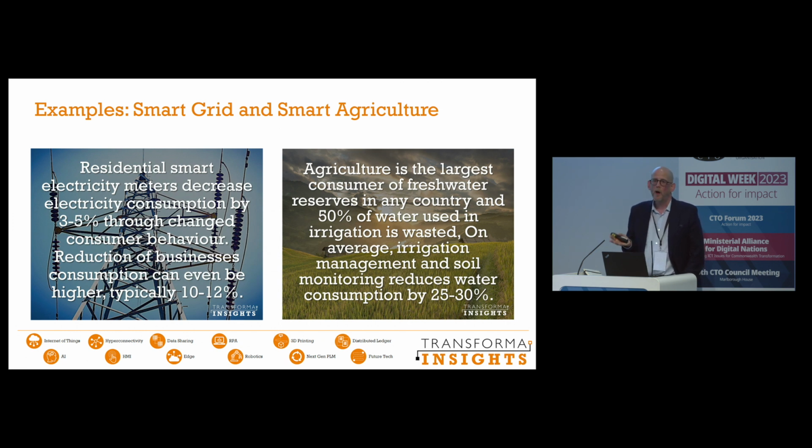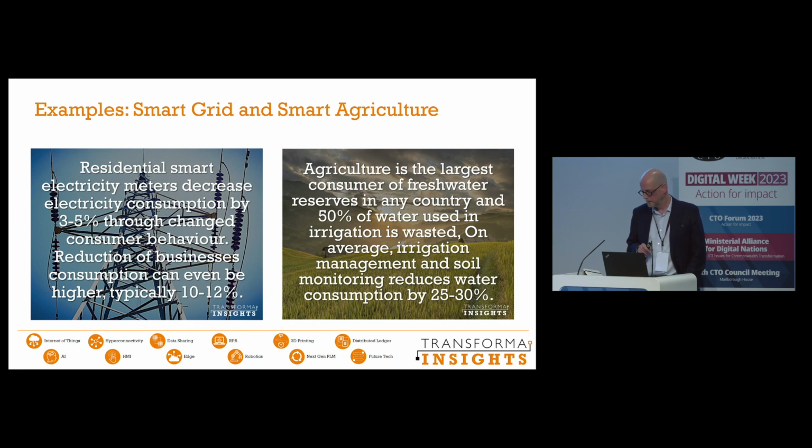Smart agriculture. Now, agriculture tends to be more about water savings rather than fuel savings. Agriculture is the largest consumer of freshwater reserves in any country, and 50% of the water that's used in irrigation is wasted. And irrigation management systems, the use of IoT for monitoring and management of irrigation, can reduce water consumption by 25 to 30%, knocking out a significant chunk of that wasted water usage.